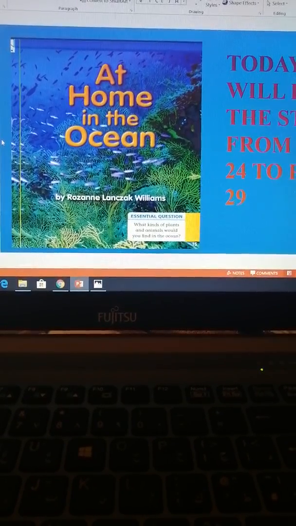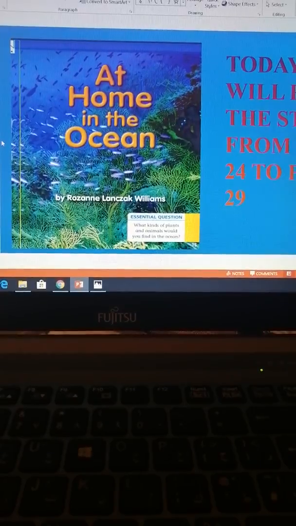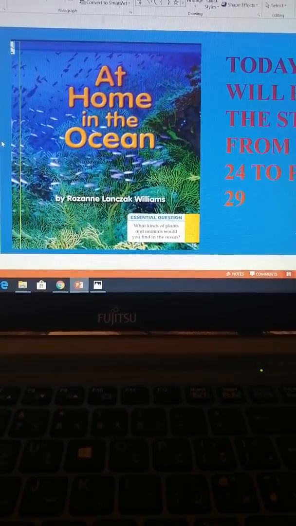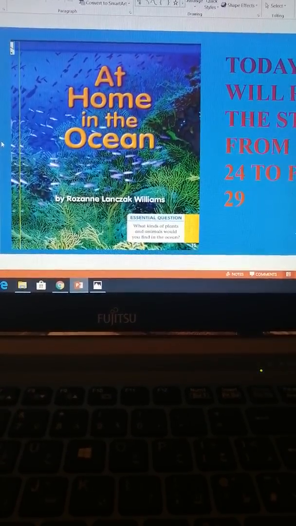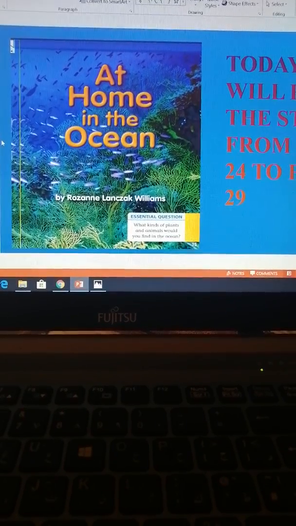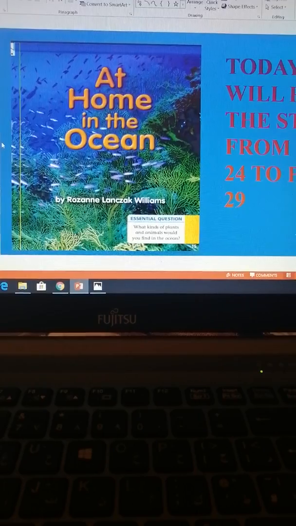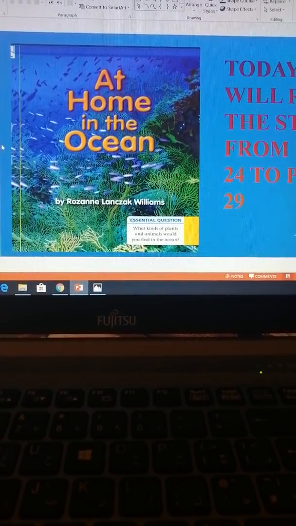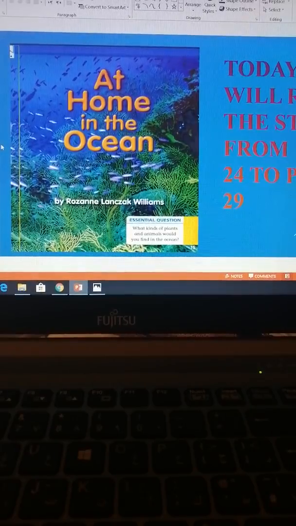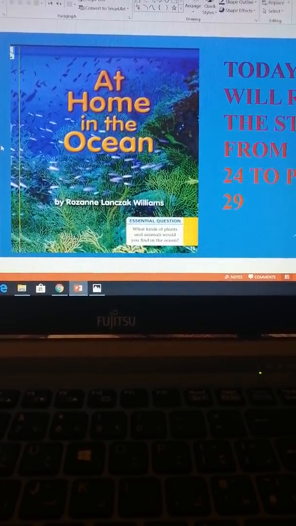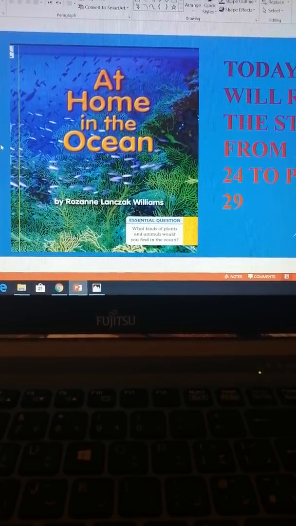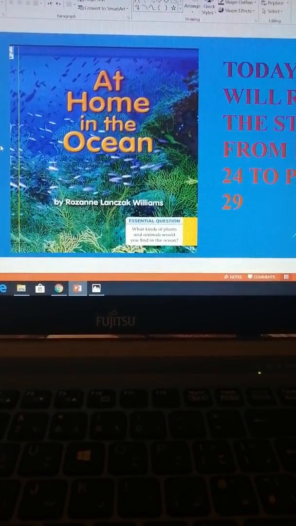I can see there many different kinds of plants and animals living in the ocean. Some animals live on the top of the ocean to breathe. The others can go deep inside the ocean to live at the bottom where it is very dark and very cold.